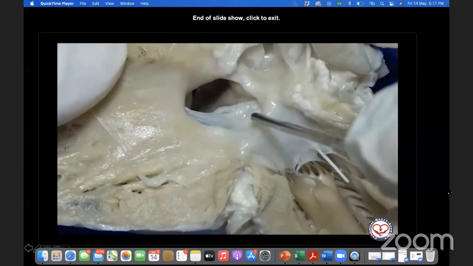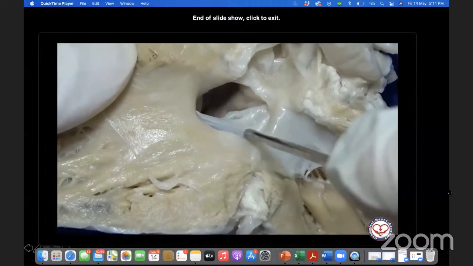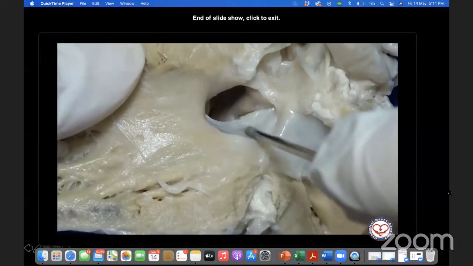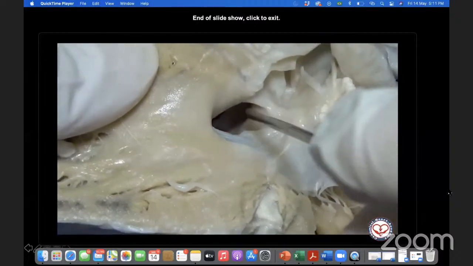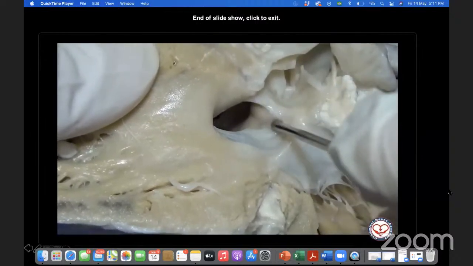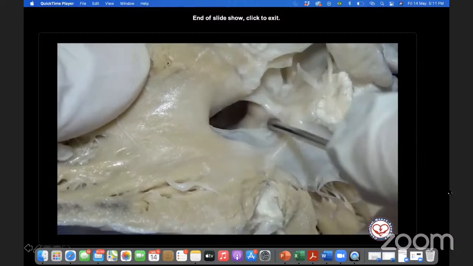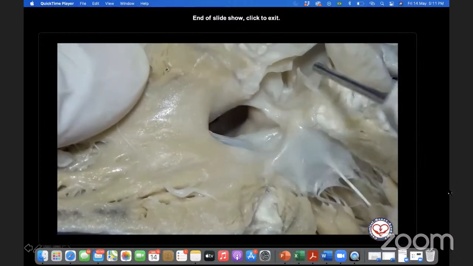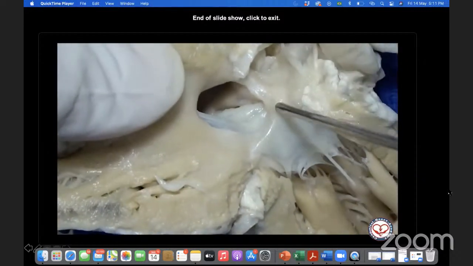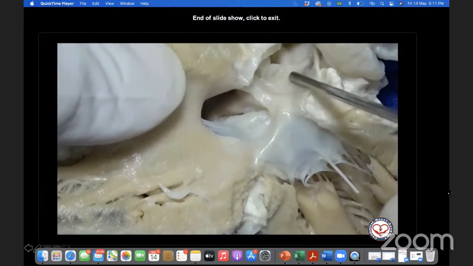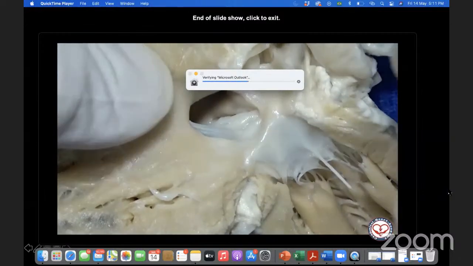The ventricular septal defect shows us that it's perimembranous with fibrous continuity between the tricuspid and the mitral valves. And you can see that that outlet septum separates the tricuspid valve from the pulmonary valve. The mitral to pulmonary fibrous continuity is in this area.